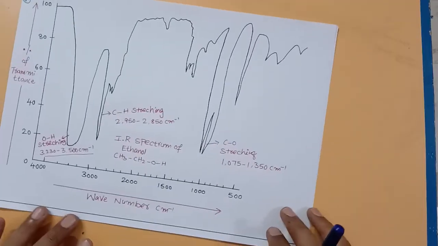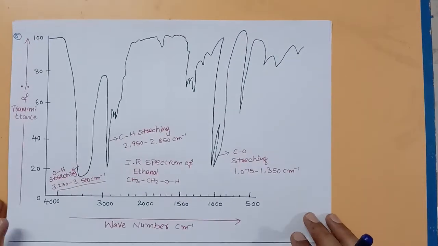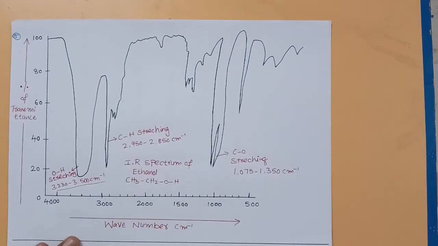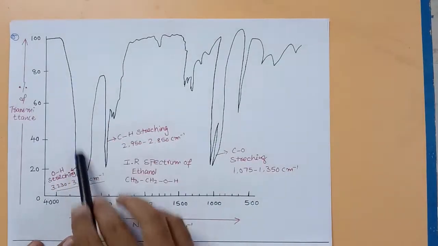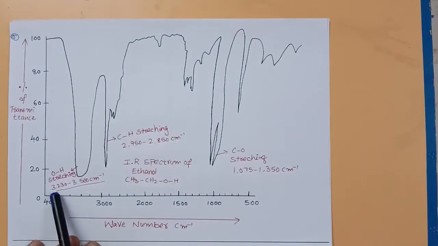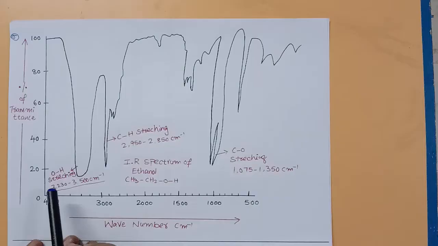Okay, so students, let us see the IR spectrum of ethyl alcohol. You know that CH3CH2OH is ethyl alcohol. So here you can see CH3CH2OH, ethyl alcohol. This is the plot that is drawn between wave number and percentage transmittance. You can see a big absorption band here at 3230 to 3500 centimeter inverse. So this absorption is for the stretching of the OH bond.